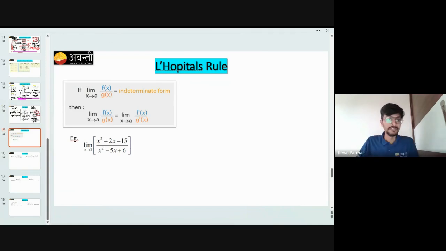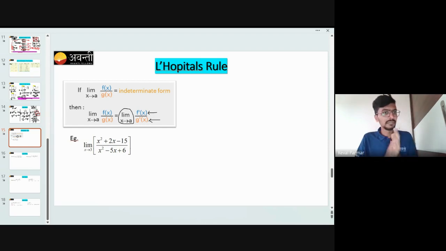then we can write the same limit as it is, but we just have to differentiate the numerator and differentiate the denominator. Now, let me tell you, this procedure can be repeated n number of times unless my indeterminate form vanishes.